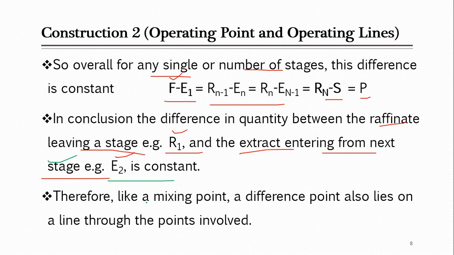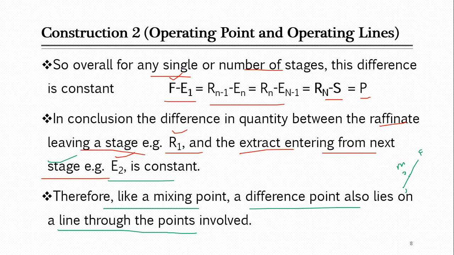One thing you can observe while looking at the diagrams is that, similar to the mixing point, the difference points also lie on a line through the points involved. If you remember, the mixing point was a point which lies on the line connecting feed and solvent. You have seen this feed and solvent line in many diagrams up to here.